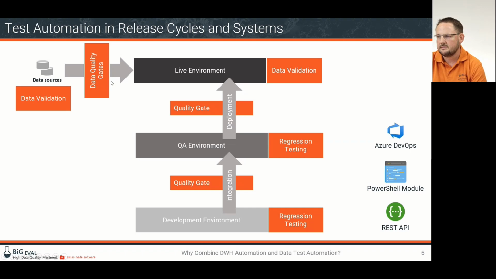On the left side here, we also added data quality gates to check whether the information you use in your live environment from data sources is correct. So no erroneous data record should reach your live environment, because you all know how much effort it means to fix errors in your live environments. You may also use data validations in your production environments to reach a higher level of quality right in your data sources. What's the most powerful way?